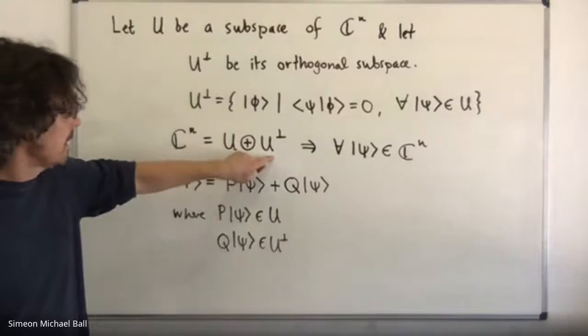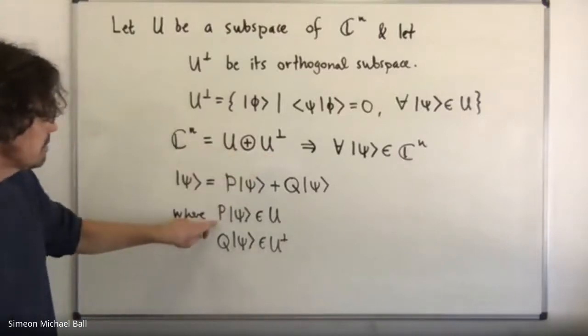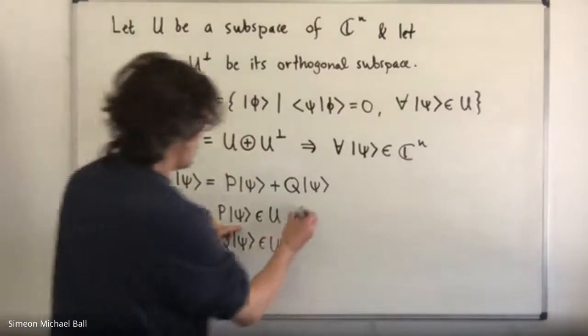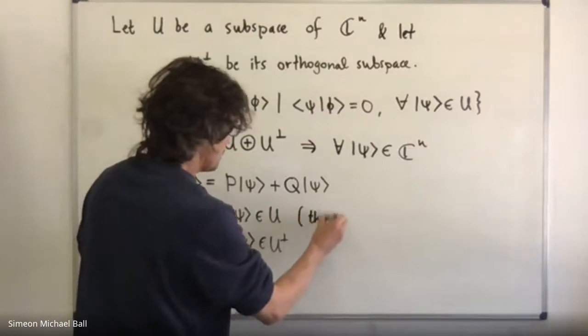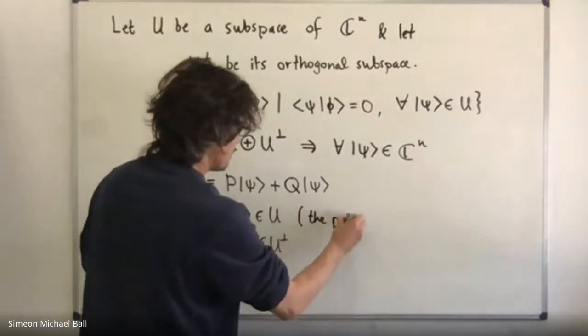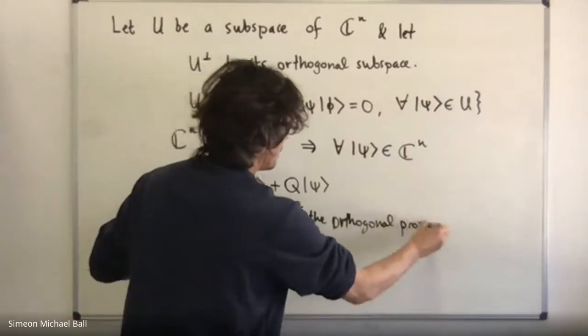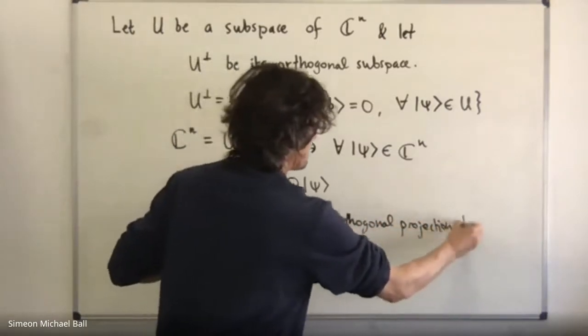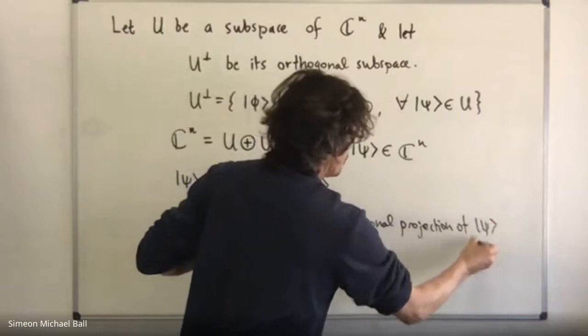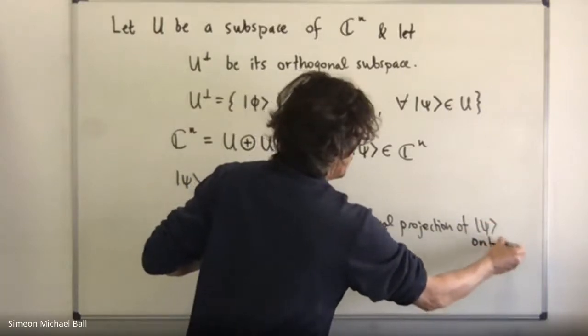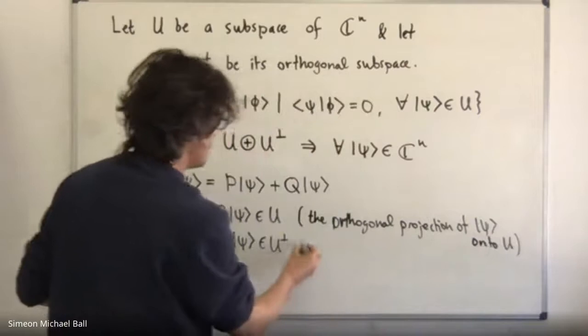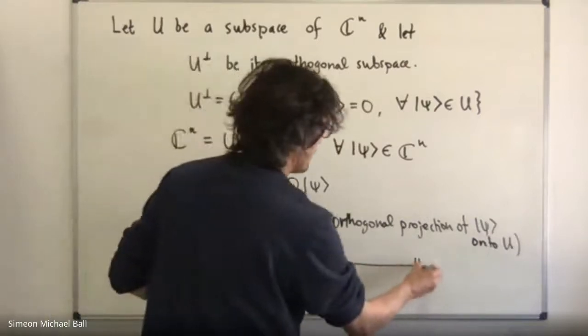And now I'm defining these as P of psi. This will be the orthogonal projection of psi onto U, and this will be the orthogonal projection of psi onto the complement.